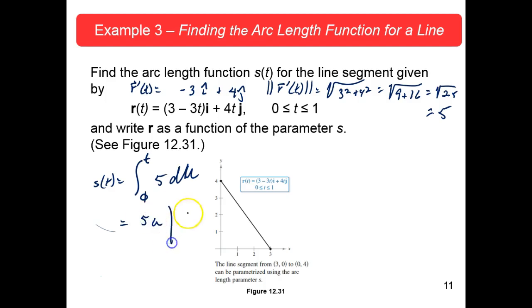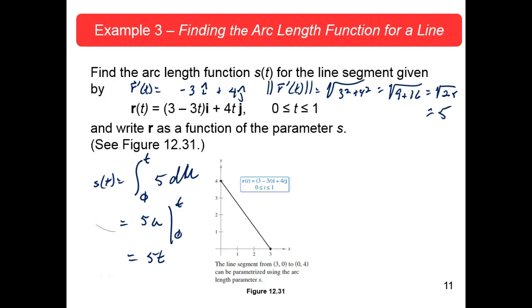5u evaluated from 0 to t, and that would be indeed 5t. So there is your arc length function as a function of t. When t is equal to 0, of course that would be 0.